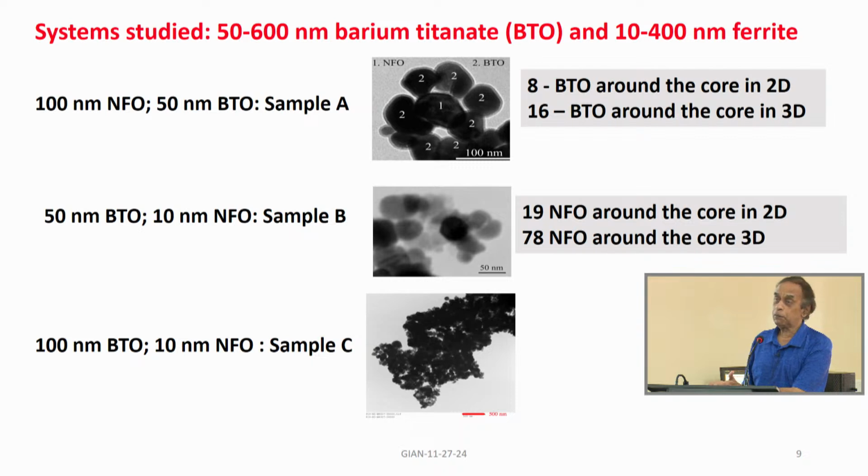But you have to be careful, you can't keep decreasing the particle size, because below a certain size, nickel ferrite would become superparamagnetic, no longer ferromagnetic, and you lose the very property that you need for magnetoelectric interactions.